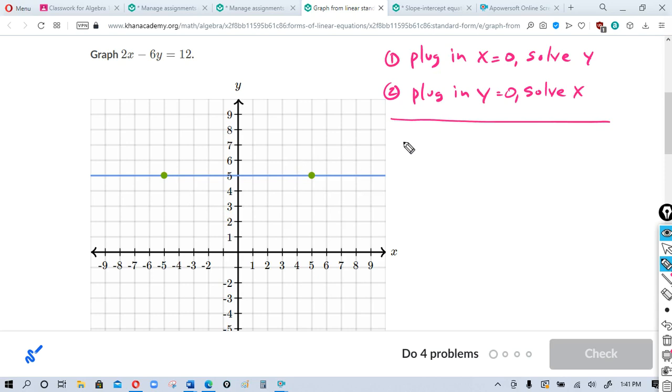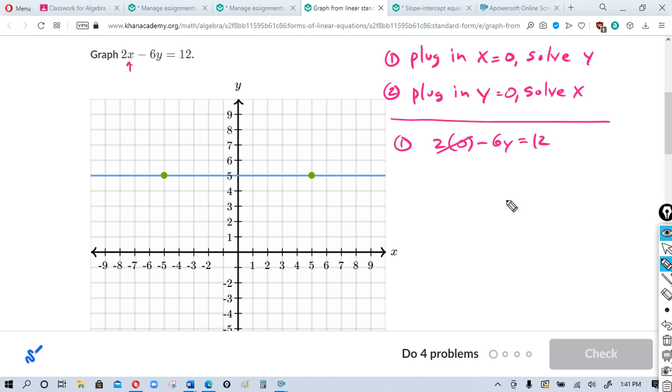All right. So step 1, plug in x equals 0. So we're going to put the 0 right in there, and we're going to have 2 times 0 minus 6y equals 12. Okay, 2 times 0 is just 0, so that cancels. And negative 6y equals 12.